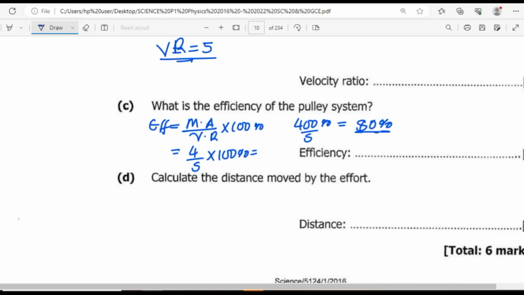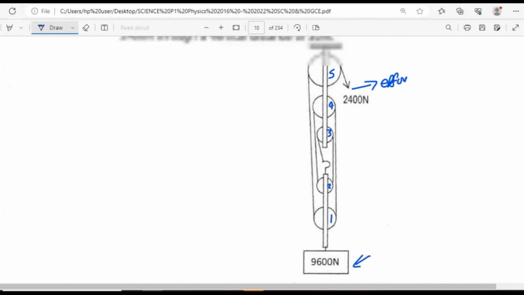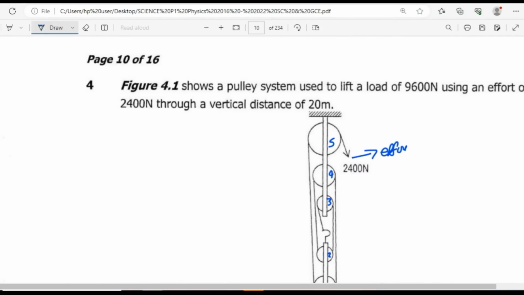Then calculate the distance moved by the effort. So the formula is velocity ratio is equal to distance moved by effort over distance moved by the load. So velocity ratio we know is 5. Now let's look at distance moved by the load. So here, through a vertical distance of 20 meters.